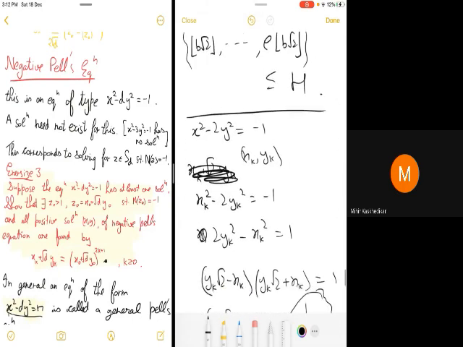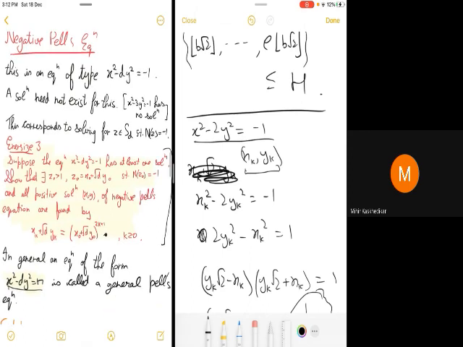Okay, yeah, so x square minus 2y square is minus 1 has the kth solution xk, yk, and by this we have this. So how did you prove that the fractional part of yk times root 2 is less than 1 by yk?